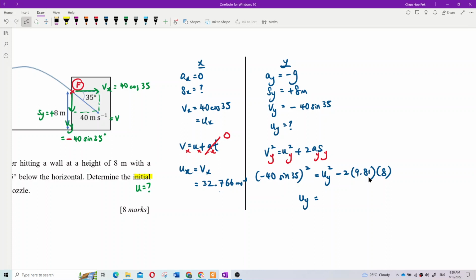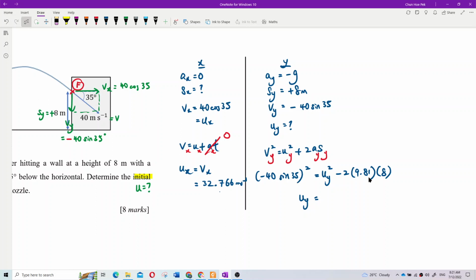Let's calculate. Negative 40 sine 35 and square, and then plus 2 multiply 9.81 multiply 8.